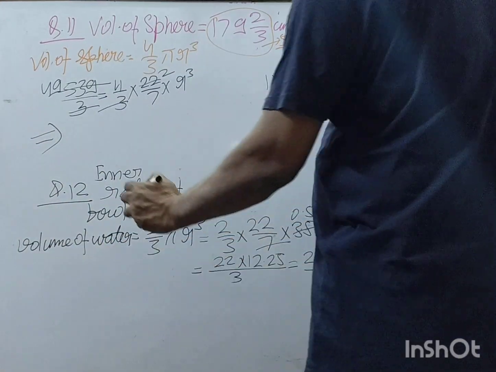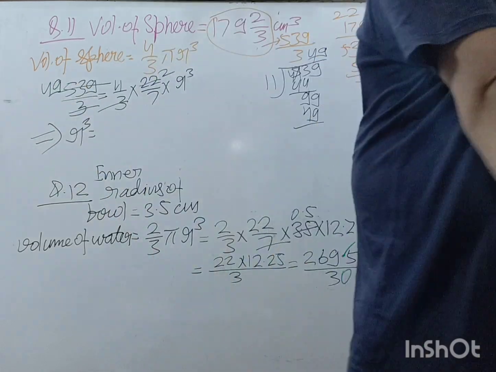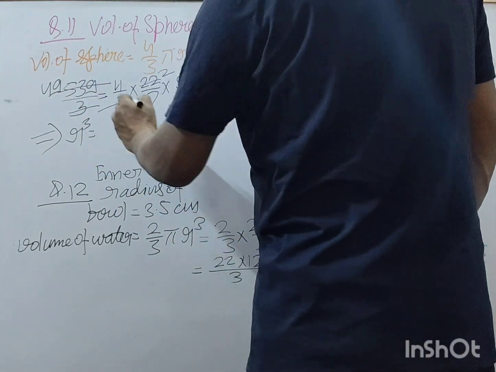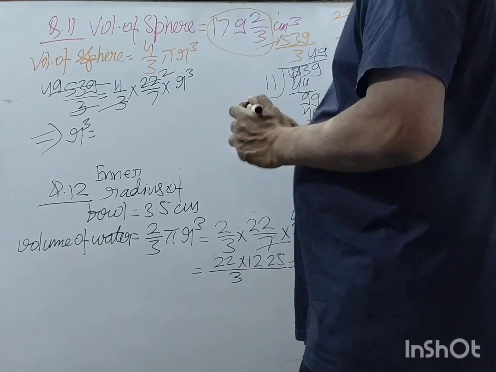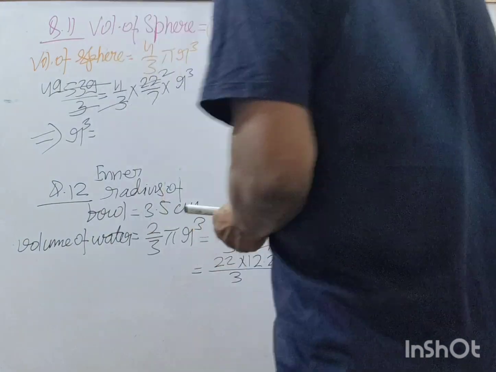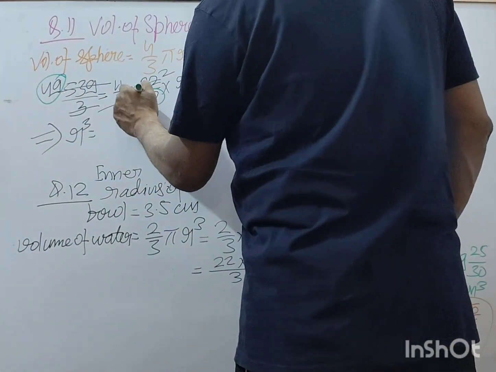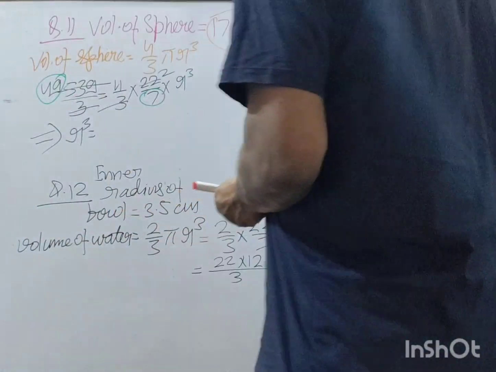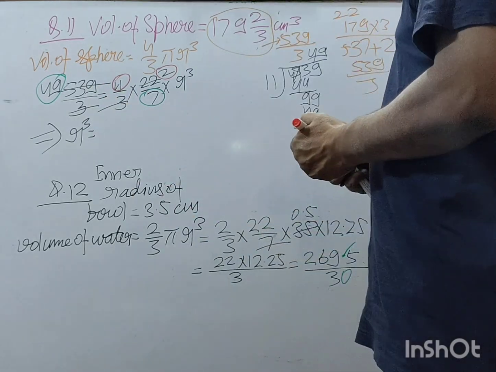Now you can write r cube is equal to, this 49 and 7 is multiplied, right? And this 2 and 4 is multiplied.